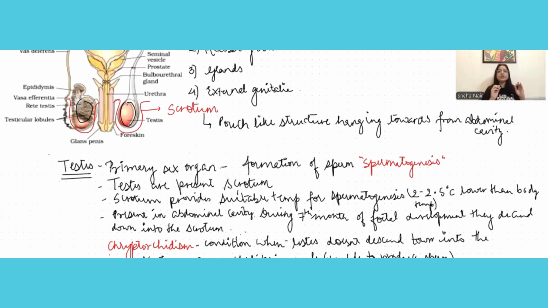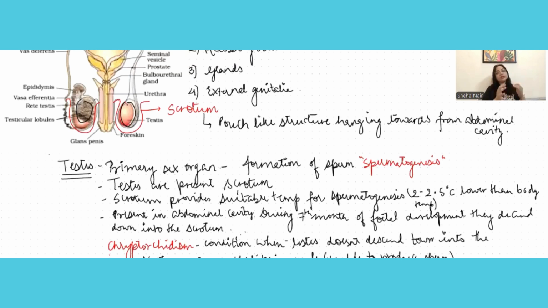But for now, we should know that inside the seminiferous tubule, there are these special cells called primordial germ cells or spermatogonia, which give rise to the sperm. Then the second important cell inside the seminiferous tubule is the Sertoli cells, the nursing cells which provide nourishment to these developing sperm.